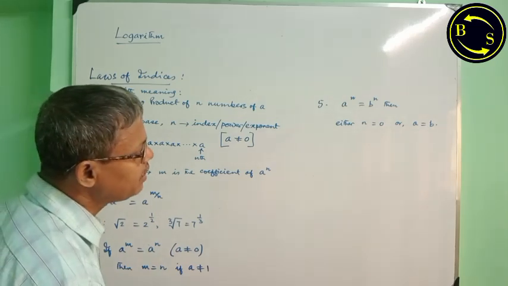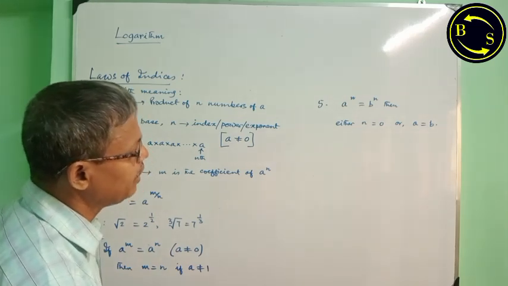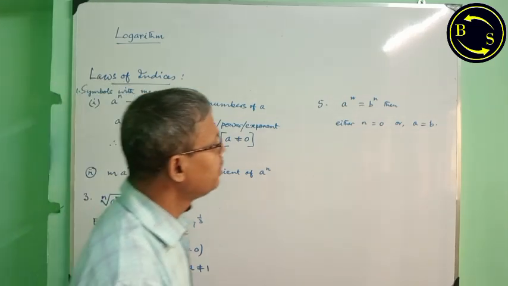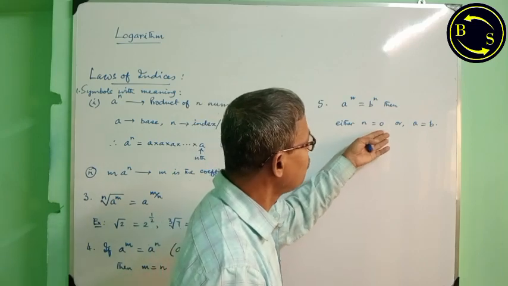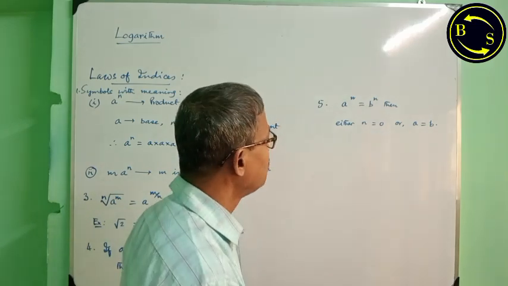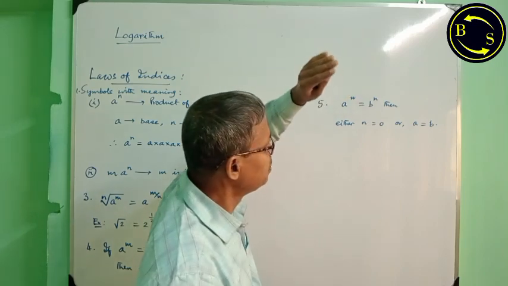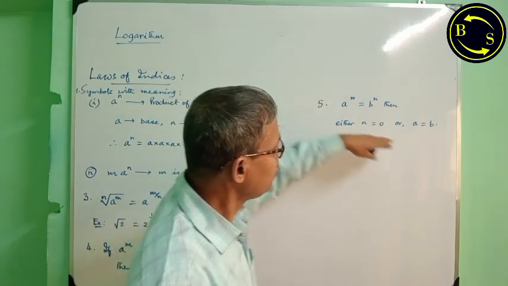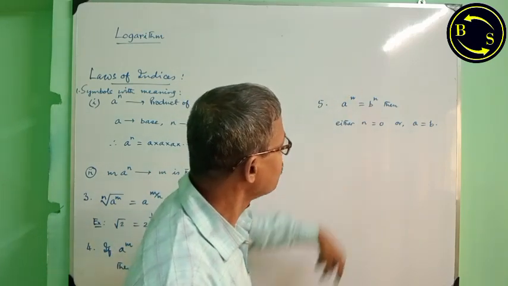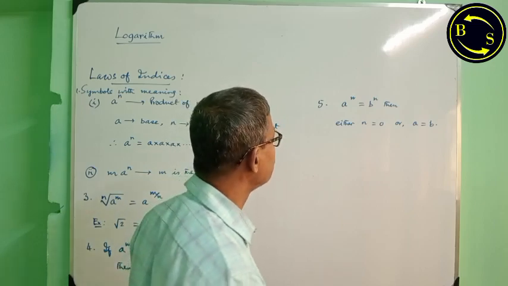If a^n is equal to b^n, then either n will be 0 or a equal to b. That means if powers are equal, then bases will be equal or those powers will be 0 each.